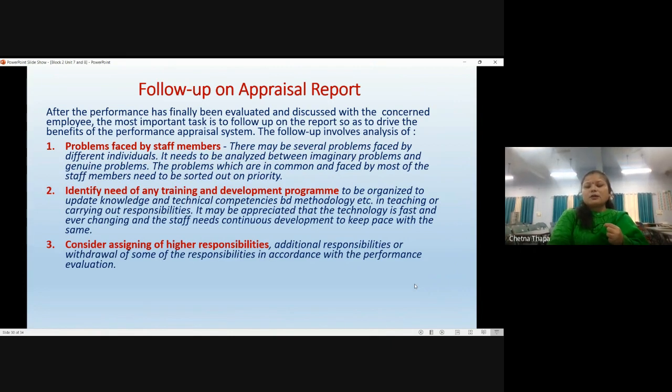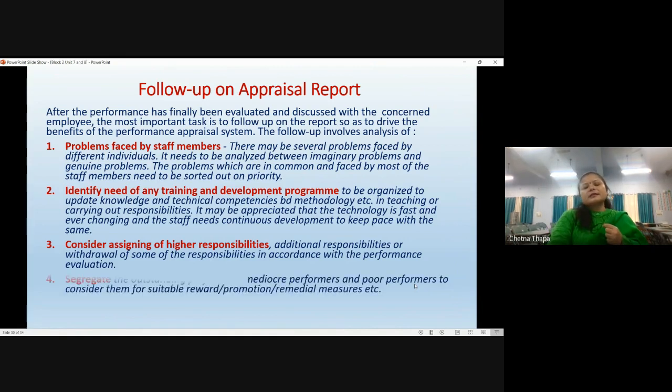Next, you consider assigning higher responsibilities. When you have seen the performances and given the appraisal reports, you need to set the responsibilities again. You need to give additional responsibilities, or withdraw some of the responsibilities, according to their performances. And next, you need to segregate the outstanding performers, who are performing well in your institution, the mediocre performers and the poor performers, and then plan a suitable reward.